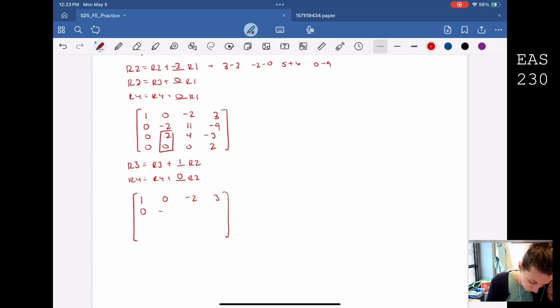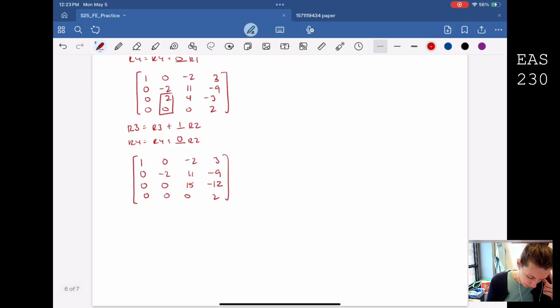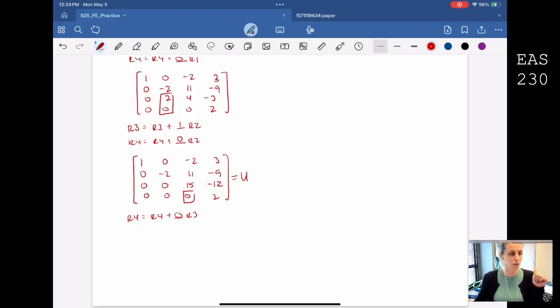Row 2 also doesn't change. Row 3 now becomes 0, 0, 15, and negative 12. And then row 4 becomes 0, 0, 0, 2. And then my last one is get my zeros in column 3. So I can only say row 4 equals row 4 plus some multiple of row 3, and that multiple is 0. Okay, so I've gotten to U. Here's my U matrix.